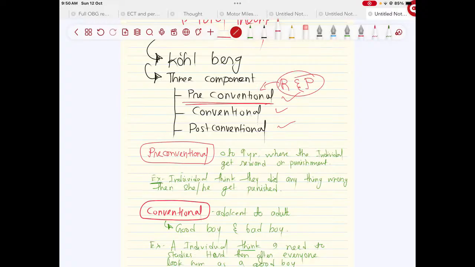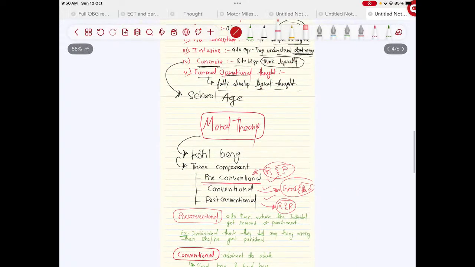In conventional, about good and bad. And in post-conventional, about rules and regulation. These three things happen in Kohlberg's moral theory.